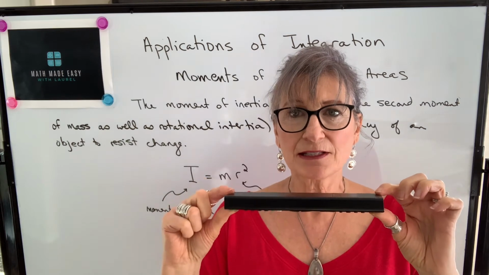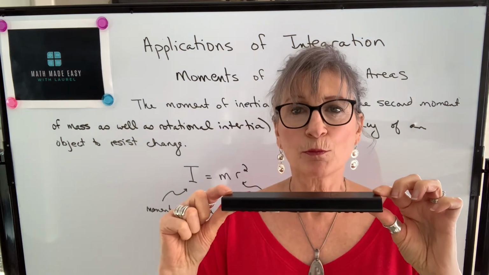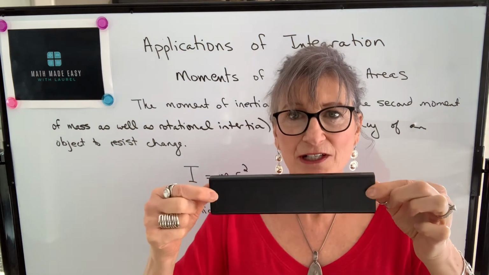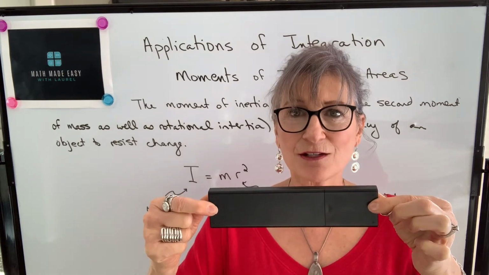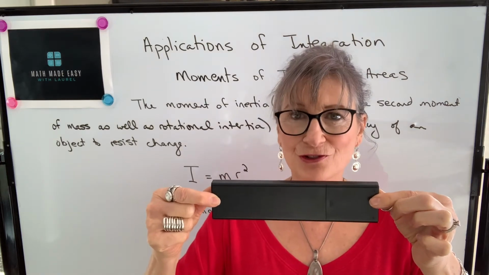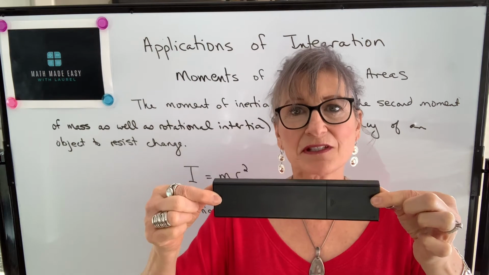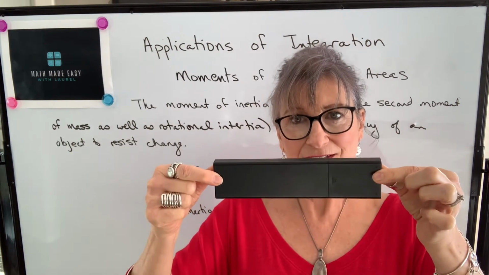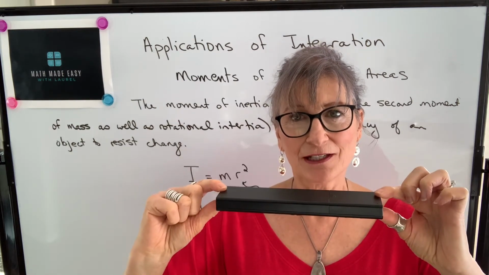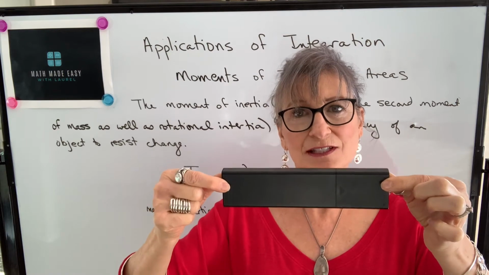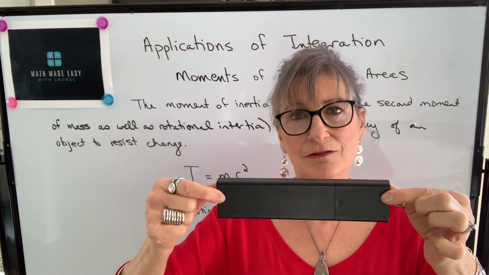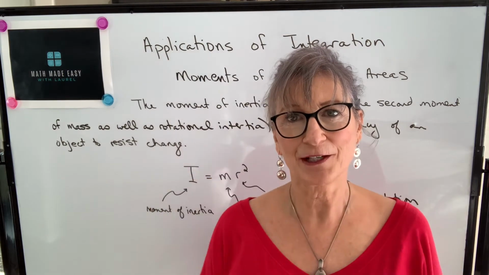When the plank is placed this way, the moment of inertia is much less than when it's placed this way. So that's why when they build structures, those beams and planks are placed this way rather than this way, because there's an increased resistance to rotation when they're placed this way.